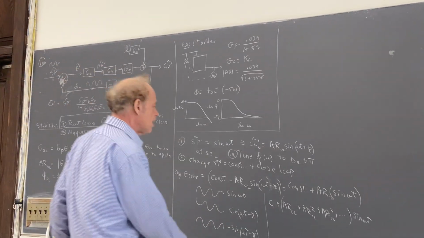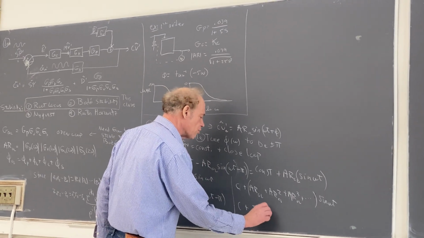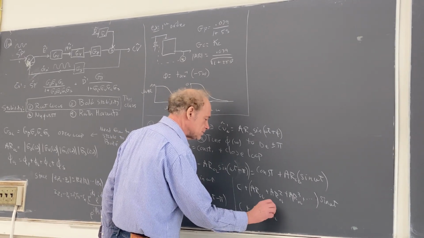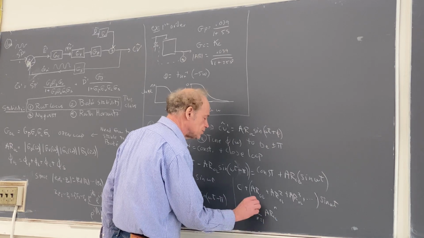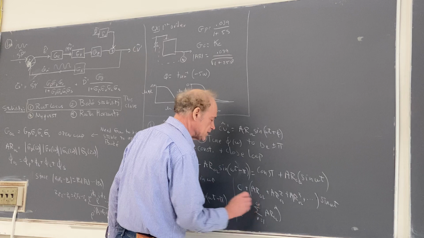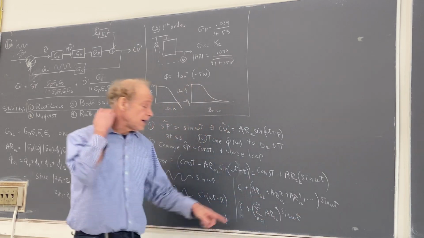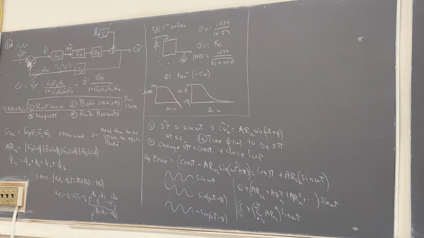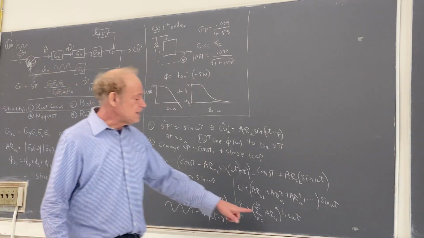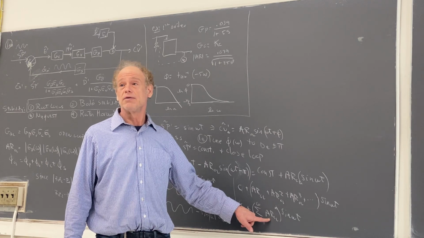So what happens? I have a constant plus the sum of AR open loop to the n, n equals 1 to infinity, times sine omega t. And this sum is finite only if AR open loop is less than 1.